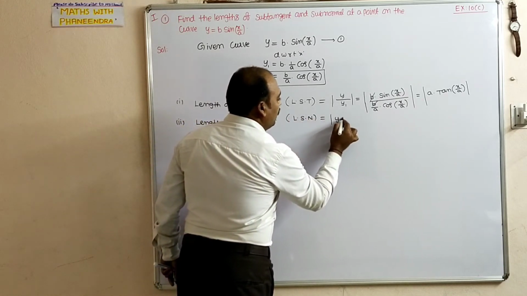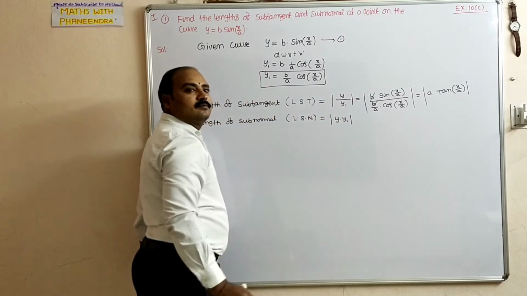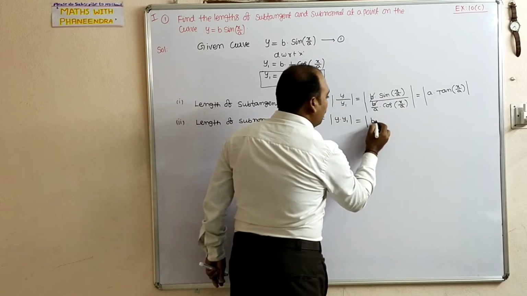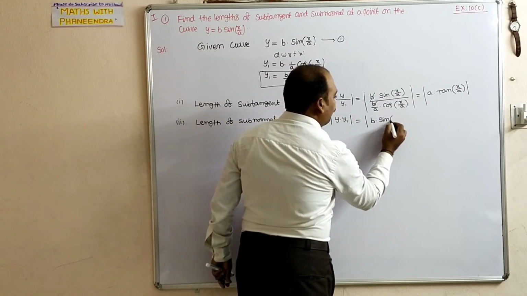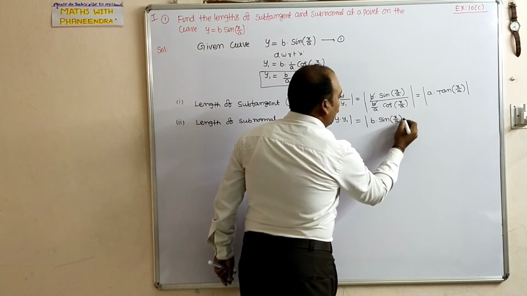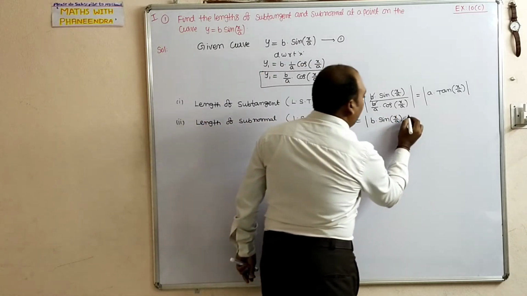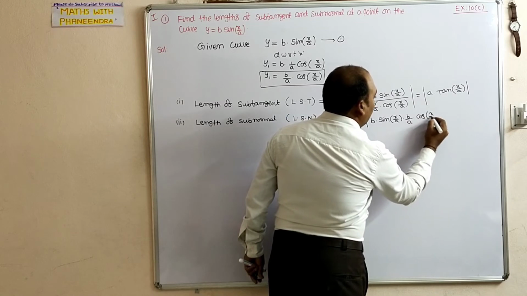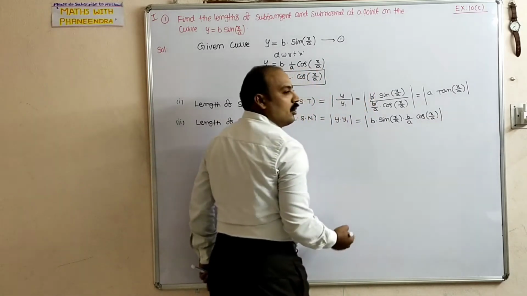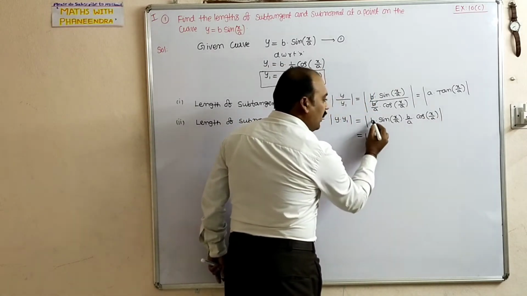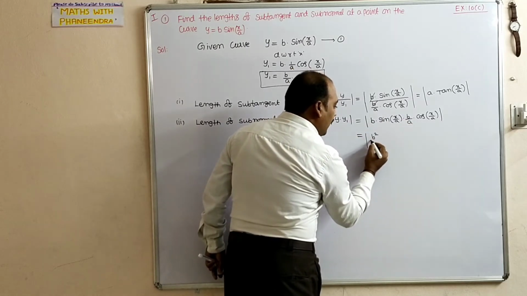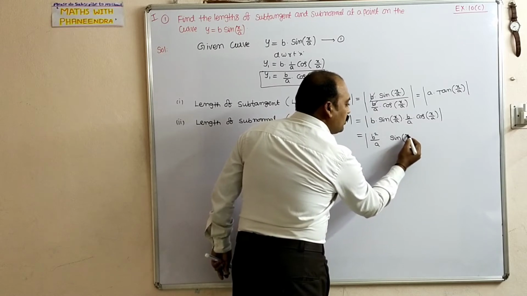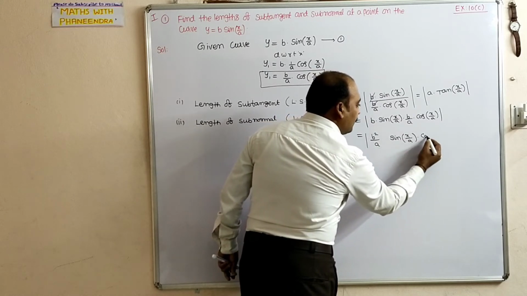Mod y into y1, which is equal to the y value, b into sine of x by a, into y1, b by a into cos of x by a. After that, b into b, b square divided by a, sin x by a into cos x by a.